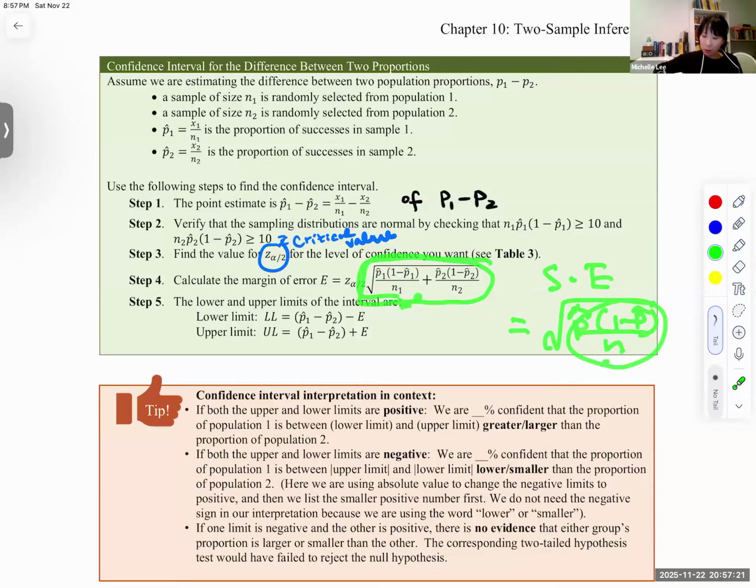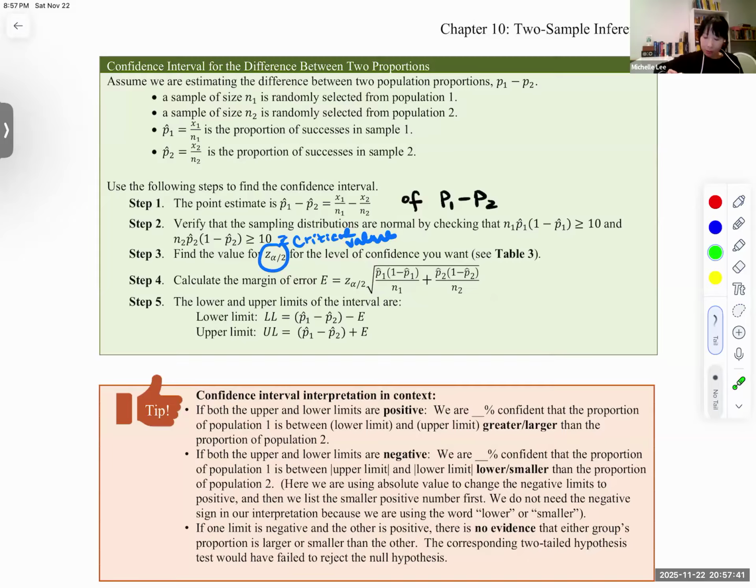But since we have two, we add the two standard error terms inside the square root, not outside. You know what I'm talking about, right?